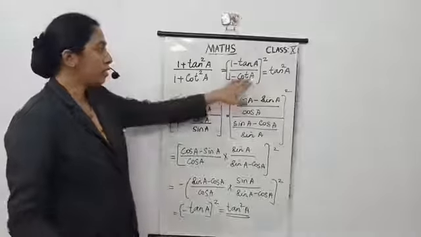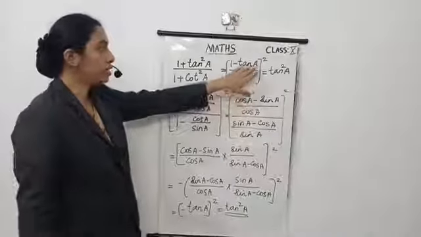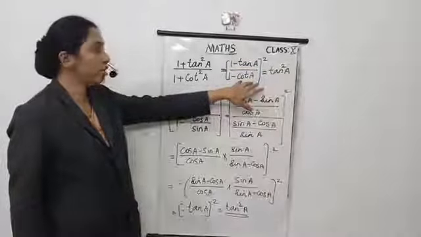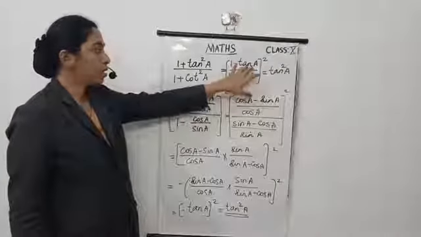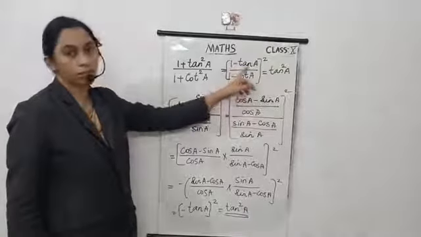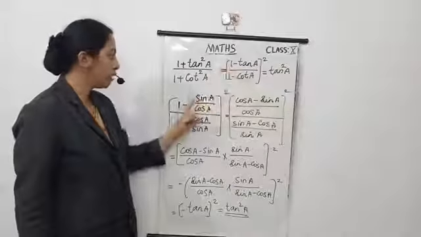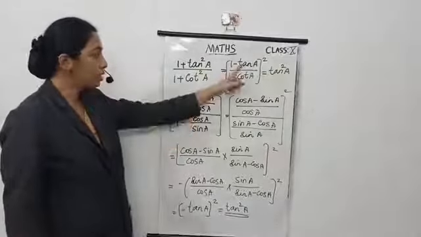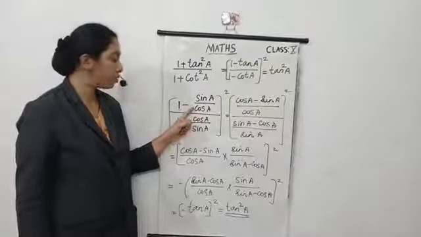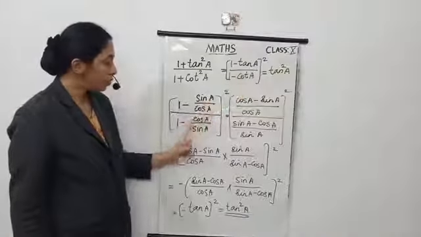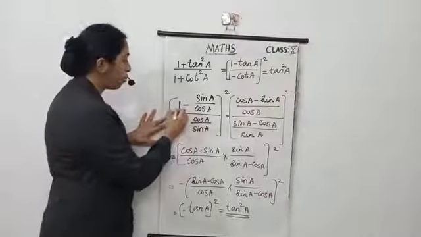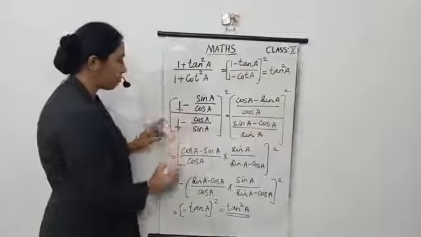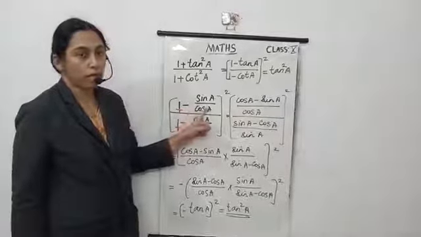Now consider next portion, 1 minus tan A by 1 minus cot A all square. Now this is also we replace in terms of sin and cos. So tan A is sin A by cos A and cot A is cos A by sin A. Okay, replace. Now consider here 1 by 1 and here 1 by 1. Then fraction minus another fraction.